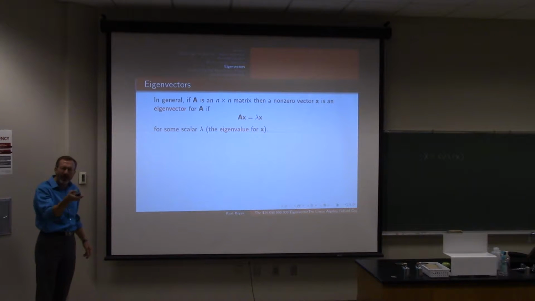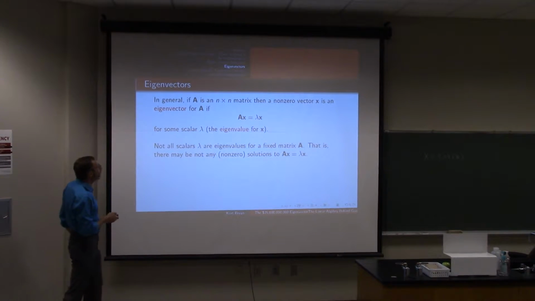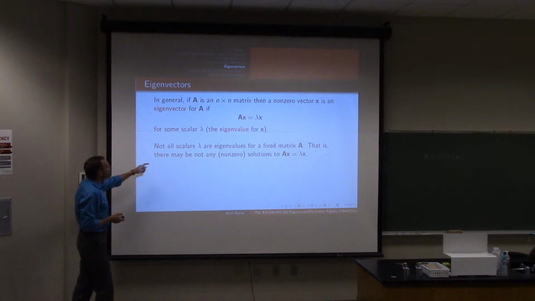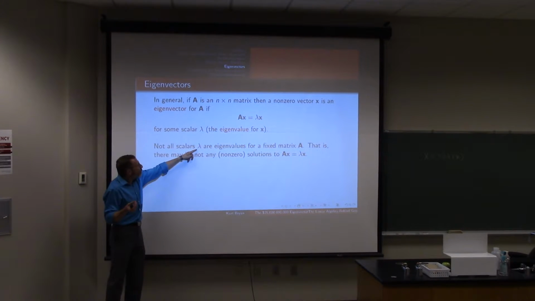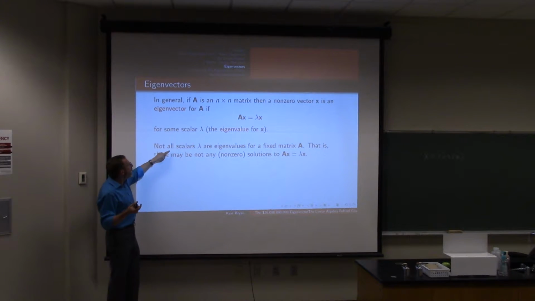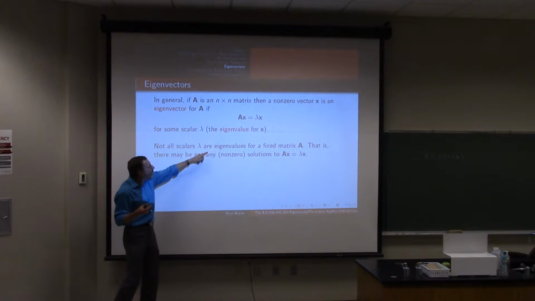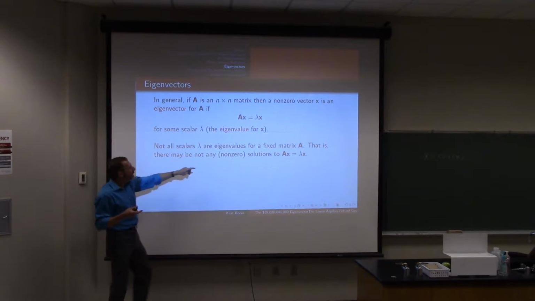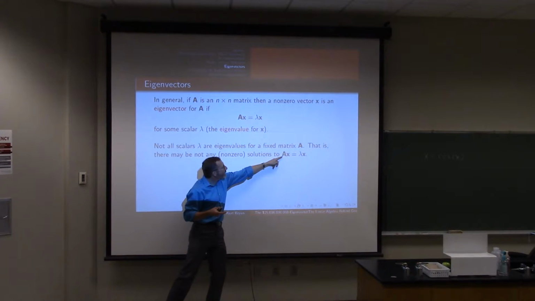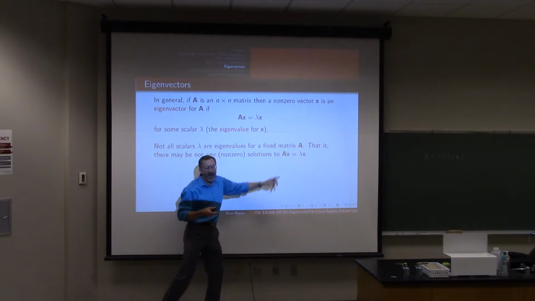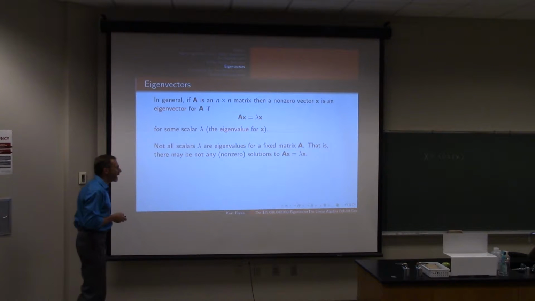I'll give you an example with that little 2 by 2 matrix I had a minute ago. The lambdas are just numbers, scalars. Not all choices for lambda will end up being eigenvalues for a fixed matrix A. That is to say, if you give me a matrix A, for most choices of lambda, you will not be able to find a non-zero solution to that equation.